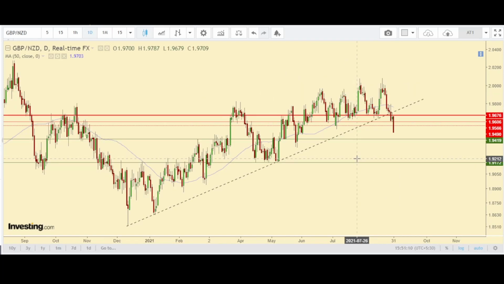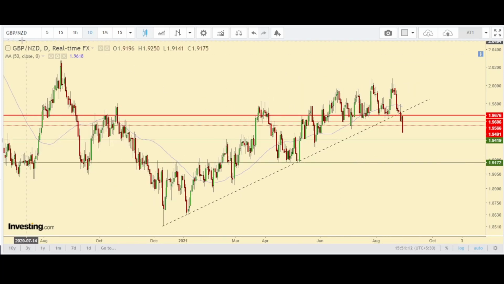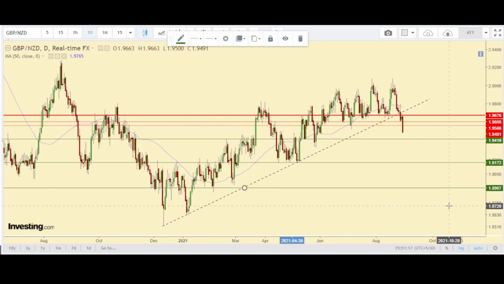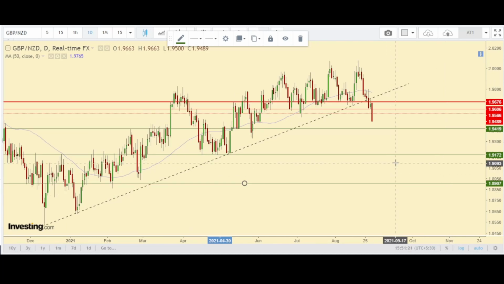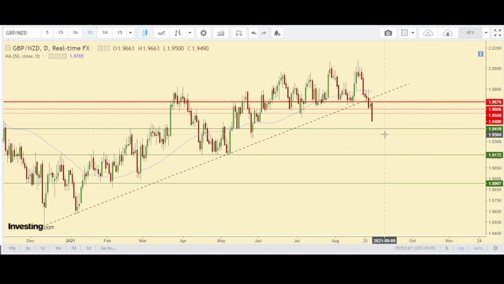1.9180. Actually, I am looking for a more bigger downside in this pair, around 1.8900, but I will be satisfied even if it gives me around 1.9180 as a target for this short trade. It is actually falling with strength.